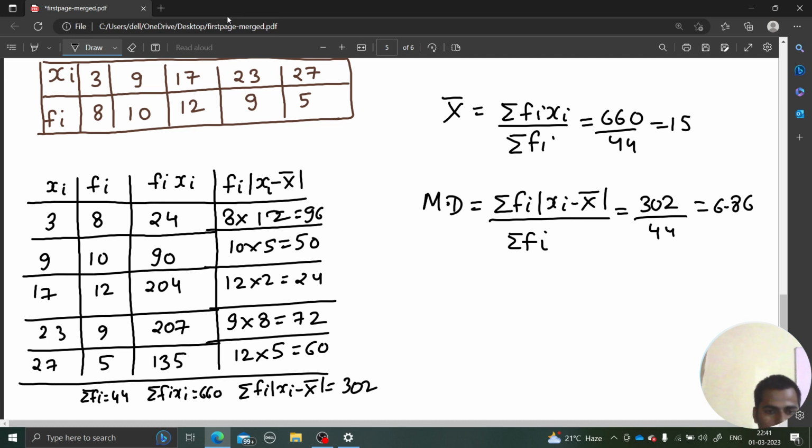This value I think is wrong. Fi is 10 multiplied by 6, because if you take the difference of 9 and 15 it will come out to be 6, so this becomes 60. So just an addition of 10 overall, it becomes 312.